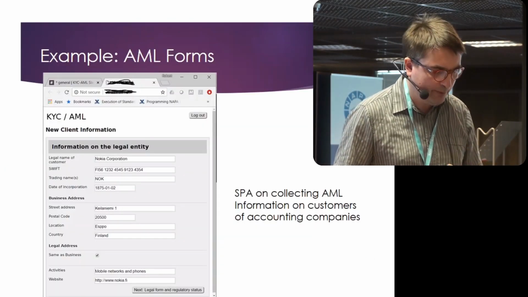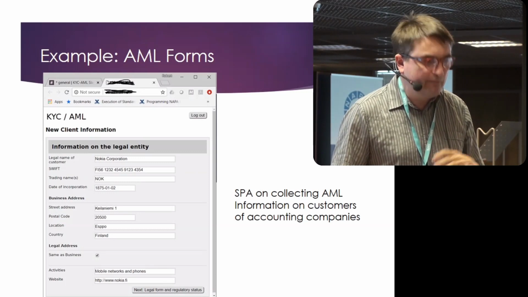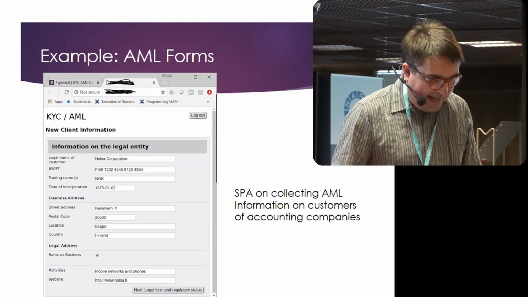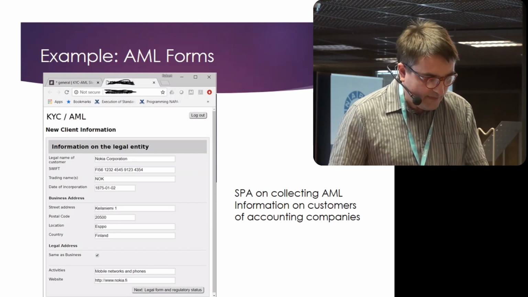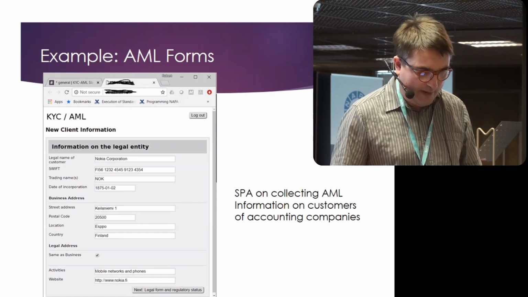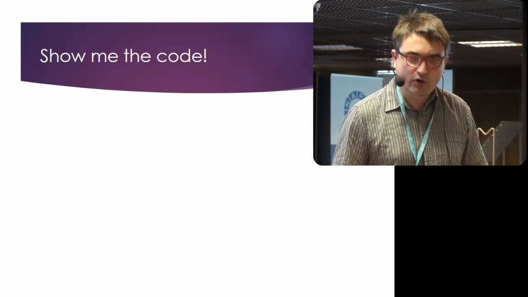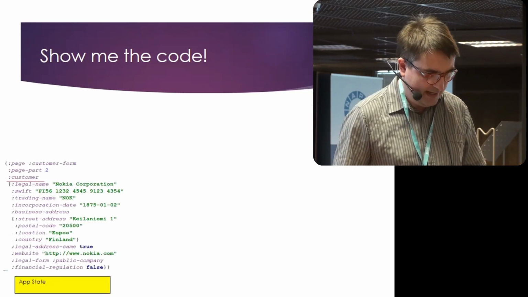So let's look at an example. Here's a form from an application I've been developing for some company. This is collecting information with a classical web form for some accounting reasons. And let's look at the code for that as an example.